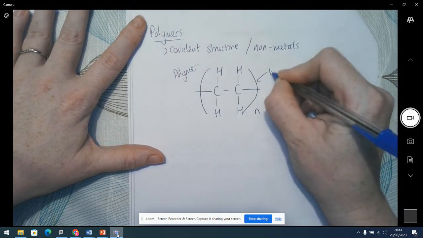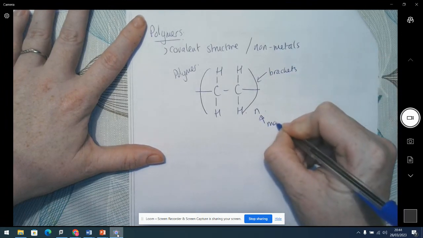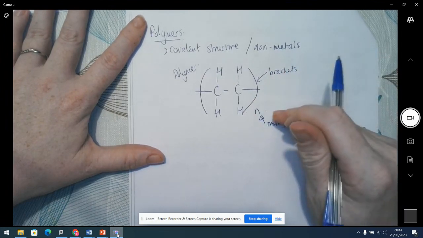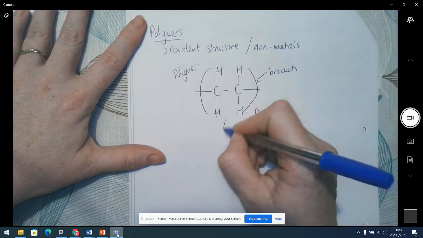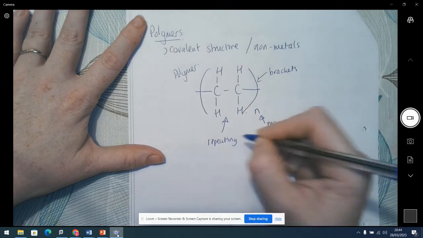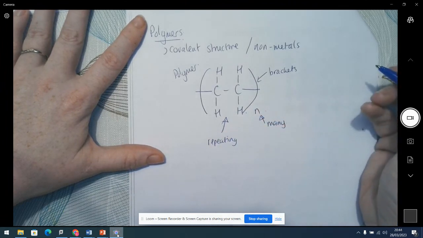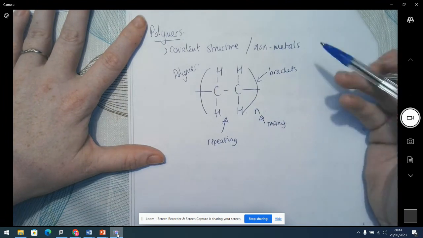So I just want to make you aware it's got brackets. This means many. Basically a large number of what's inside this bracket. And that there is the repeating unit, which we know is actually a monomer, because monomers join together to make polymers, so that would be the repeating unit.